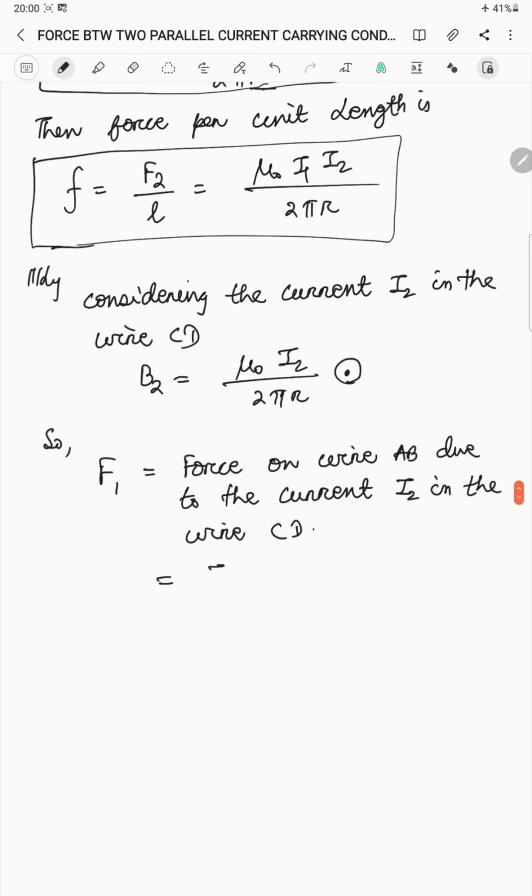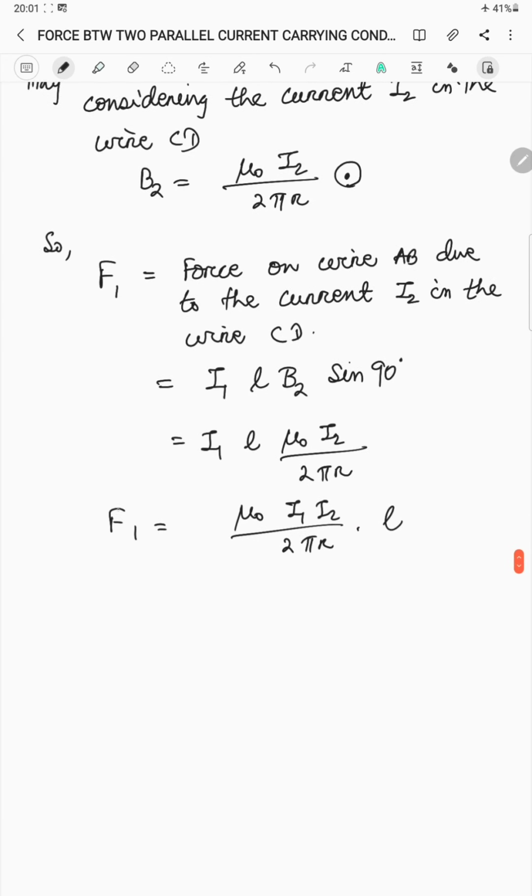I1 L B2 sin 90 again. Okay, sin 90 is 1, that is gone. So I1 L B2 is how much? Mu naught I2 divided by 2 pi r. So what will be F1? Mu naught I1 I2 divided by 2 pi r into L. This is the value for F1.